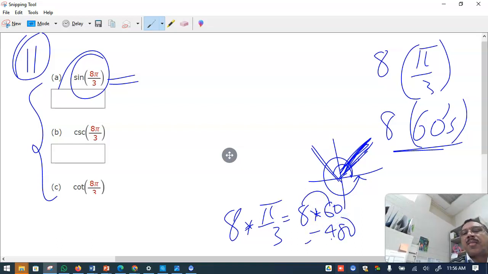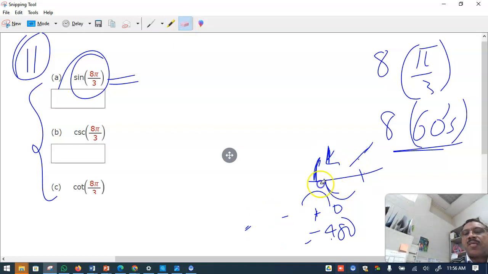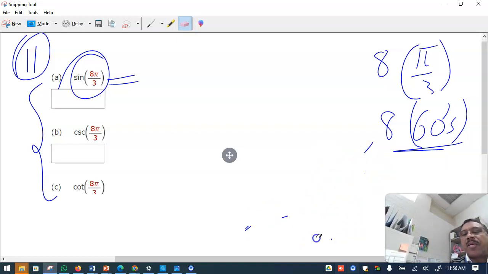You can see this is going to be 480 until here, 360 and then 90 and something, so all that work could be avoided if you just use the radian form instead of degrees.